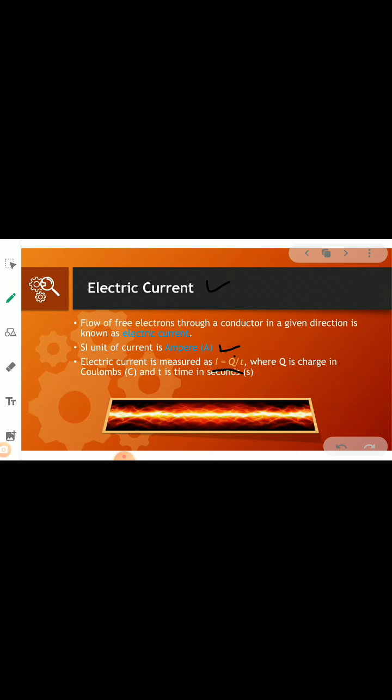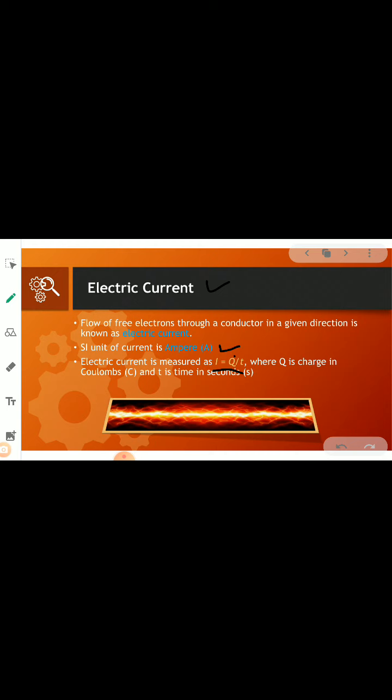Now, one thing you have to remember: you have to remember both the units, because there may be a question like this. Identify the quantity represented by the SI unit coulomb per second. I'll repeat: identify the quantity represented by the SI unit coulomb per second.